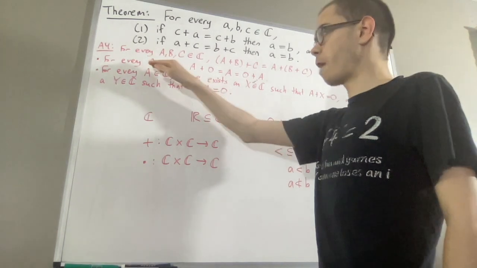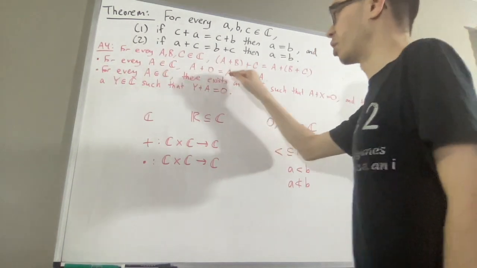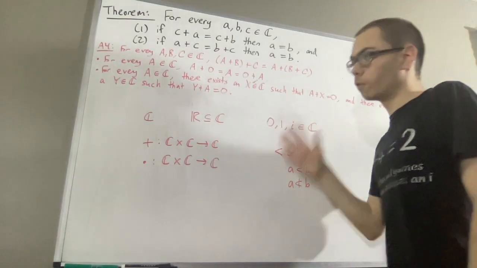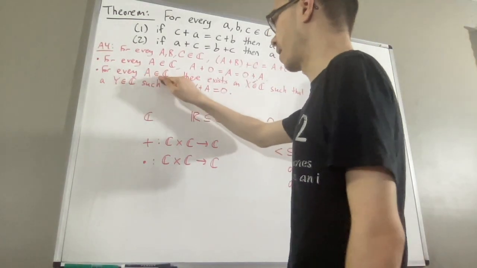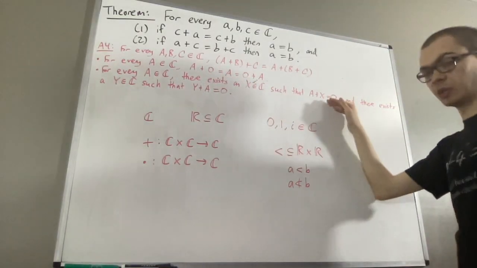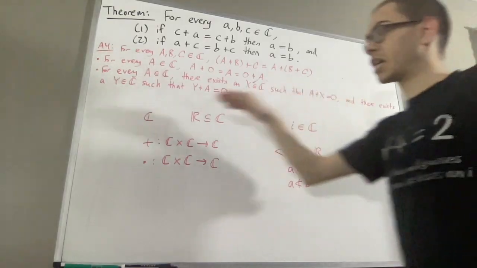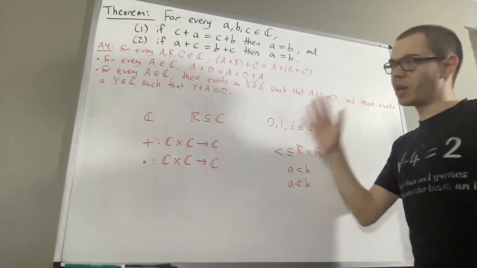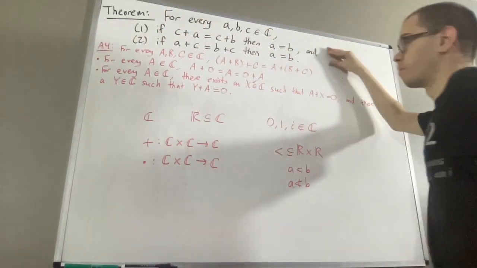We have proven for every complex number a, a plus 0 is equal to a, and 0 plus a is equal to a. We've also proven for every complex number a, there exists a complex number x such that a plus x is equal to 0, and there exists a complex number y such that y plus a is equal to 0. So now let's get into proving this theorem.